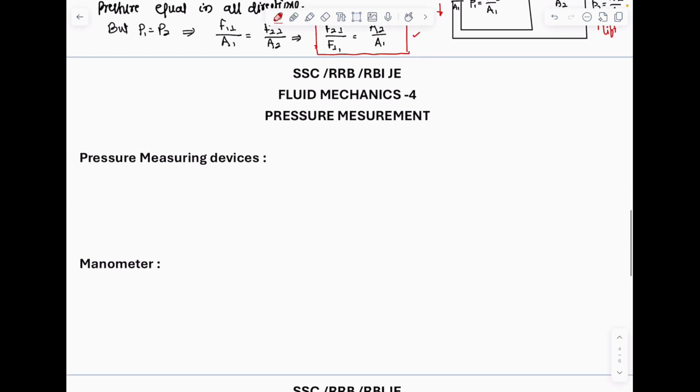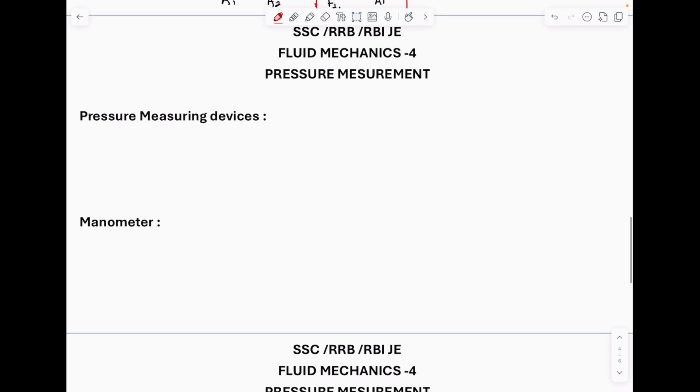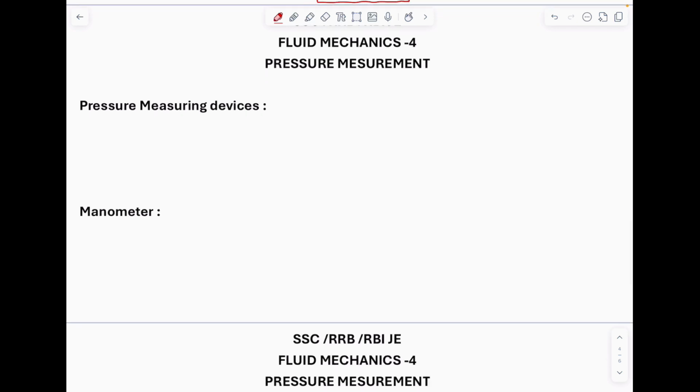Now, we understood what the pressure is and what the uses of pressure are. Now we should be able to measure the pressure. How can we measure? For example, I have shown you, if I take atmospheric pressure as the datum, that is equal to 0.